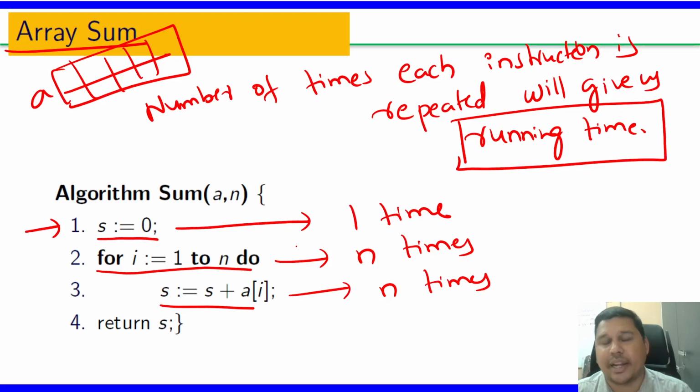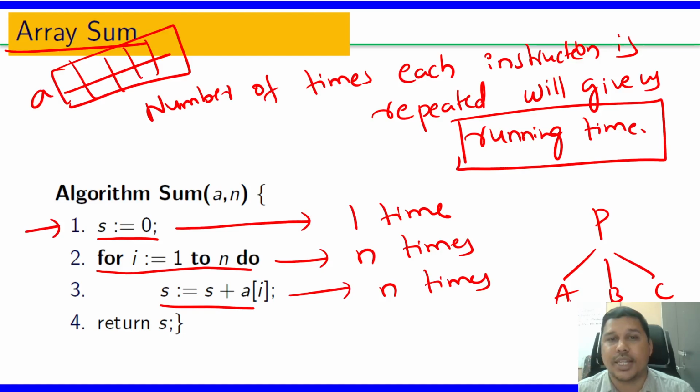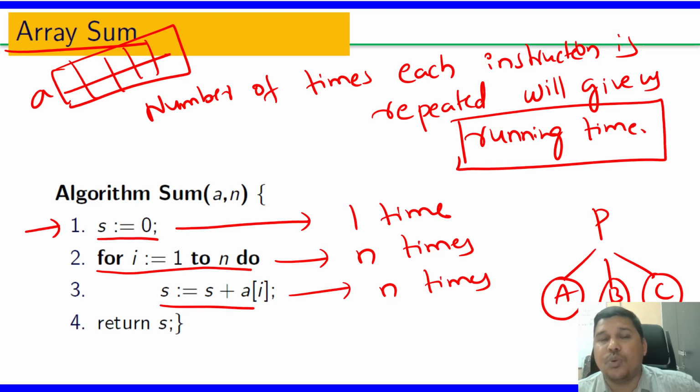Let's assume the time taken for that algorithm's running is the goal here. I have a problem P, solution 1, solution 2, and solution 3. We have to analyze the running time of each algorithm, compare, and say which one is best.